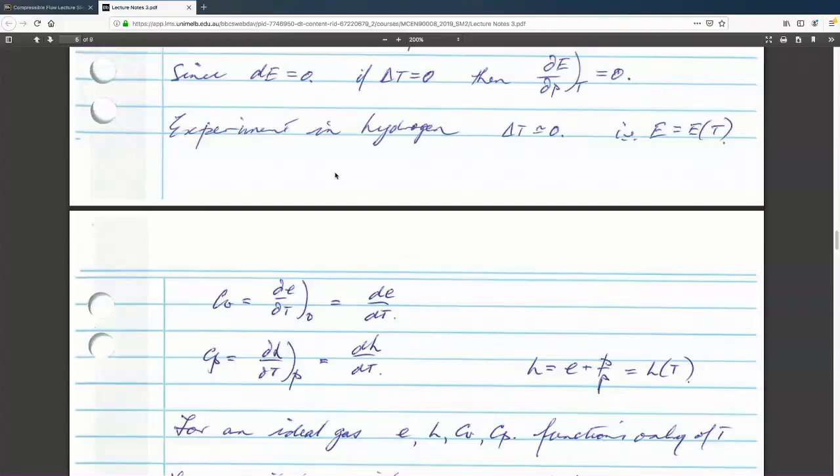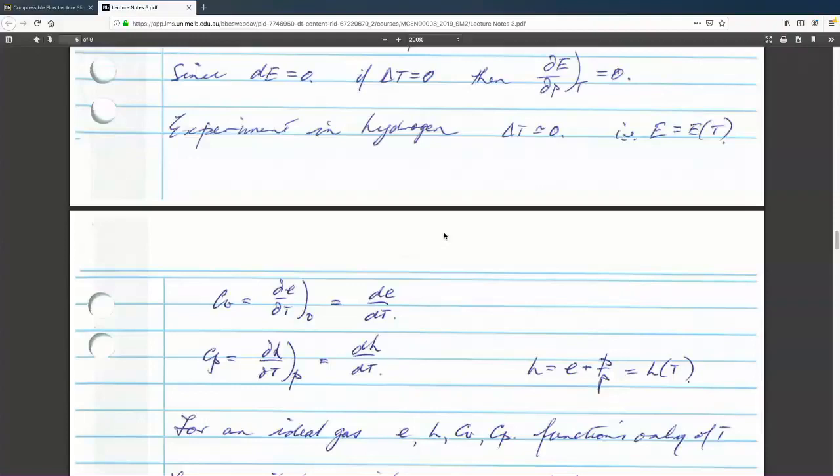So for an ideal gas, E, H, CV, and Cp are functions only of the temperature. Why? Because this ideal gas has P is rho RT, and E is a function only of temperature. That's the Joule effect.